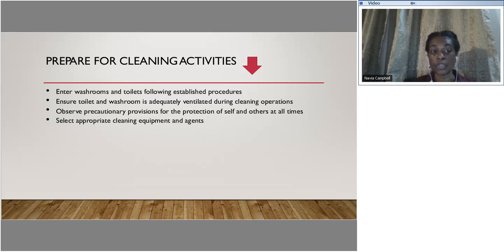You should ensure that all toilets and washrooms are properly ventilated before you begin your cleaning task. In addition, you should observe all safety precautions to protect yourself and others at all times. And most importantly, you ensure that you work efficiently throughout your shift.